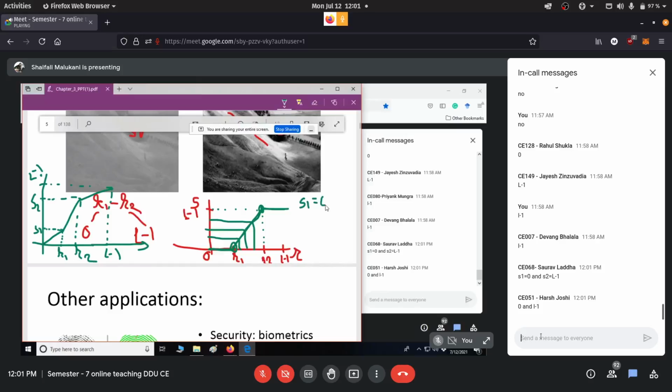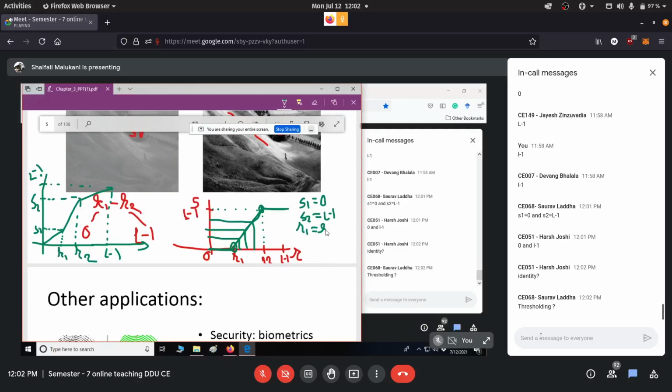Think and tell me which operation this is. Think, Harsh. Try to plot. Yes, it is thresholding. Try to visualize it.